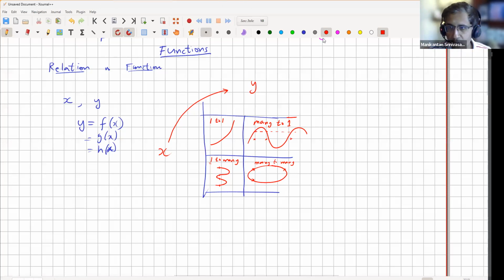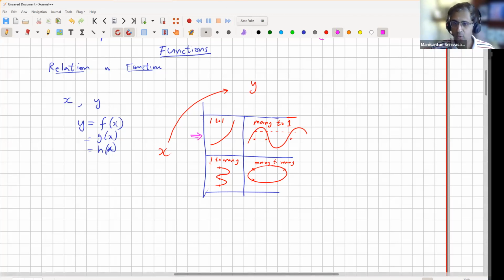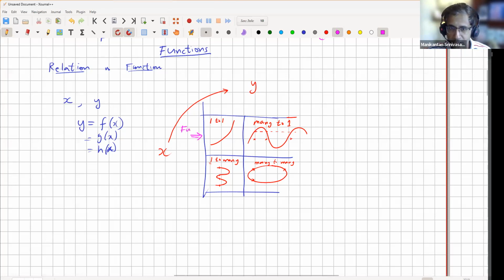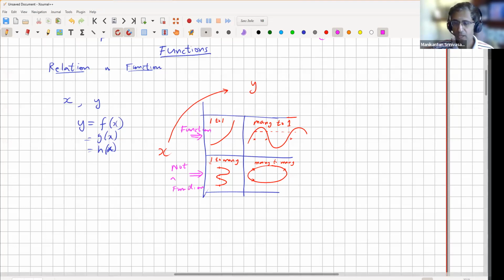So what is a function? The top row is a function where the Y has to be only one. It could be either one-to-one or many-to-one. That doesn't matter, but the Y has to be one. So this is a function, whereas this is not a function. But all of them are relations. So a function, you can think of it as a subset of relation.